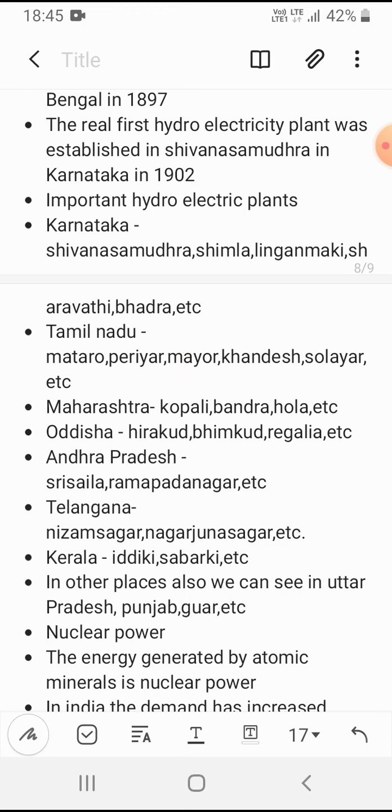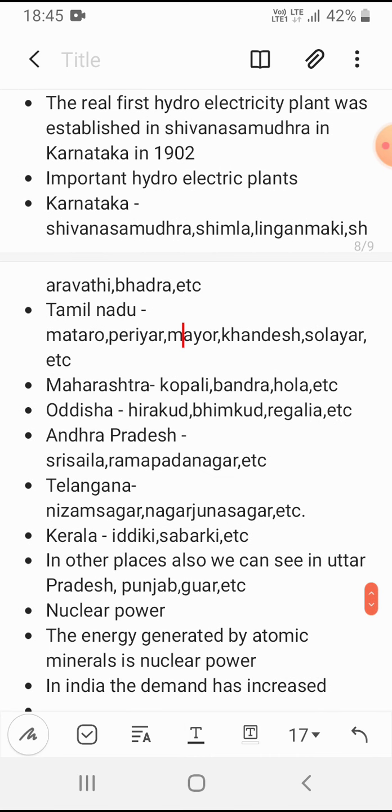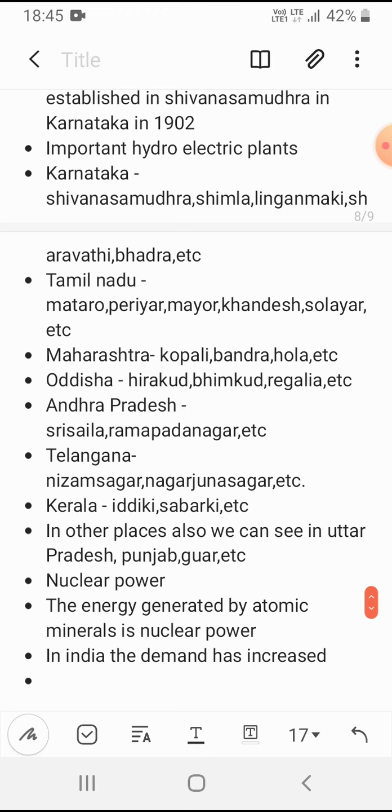In Maharashtra, Koyna, Bhandardara, Khopoli, and other places. In Odisha, Hirakud and others. In Andhra Pradesh, Srisailam and others.